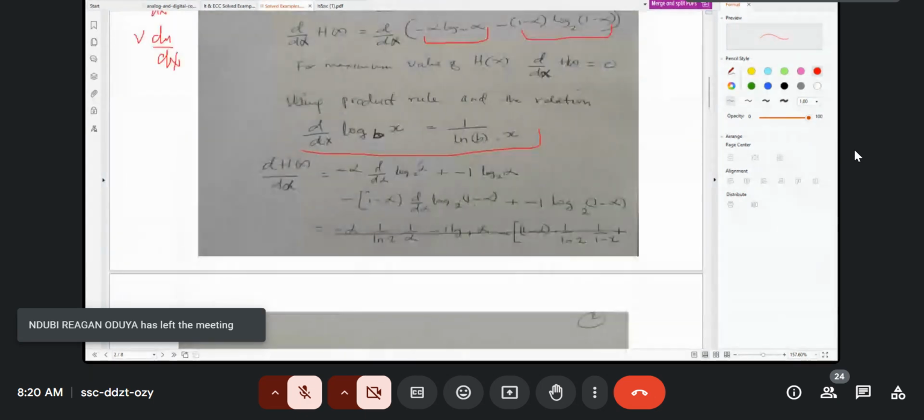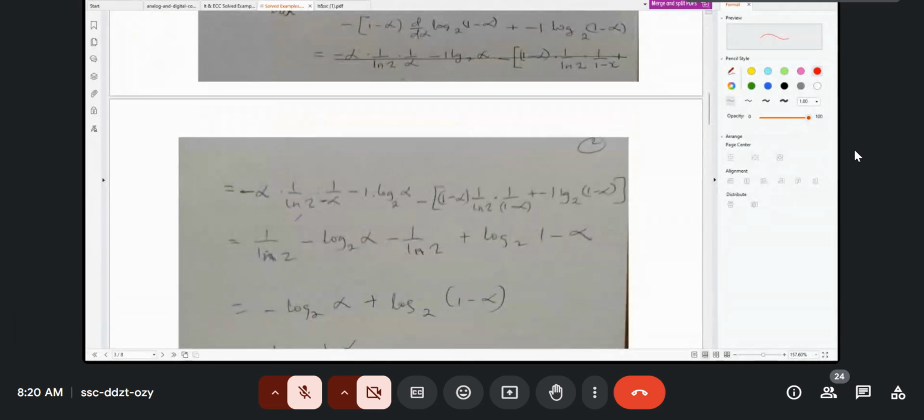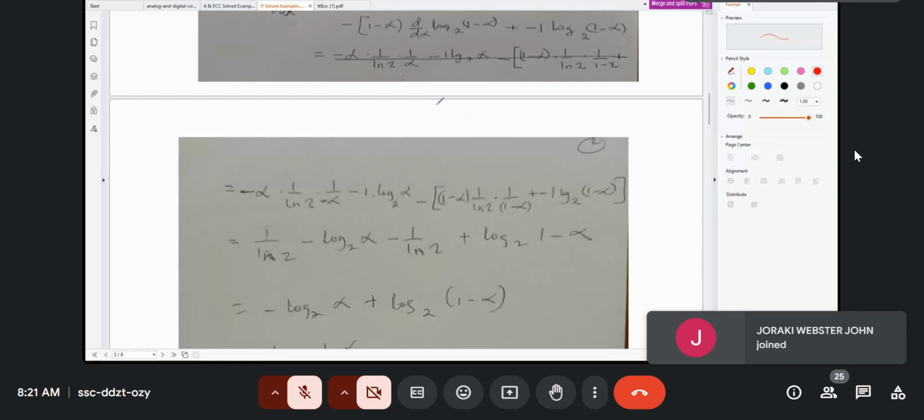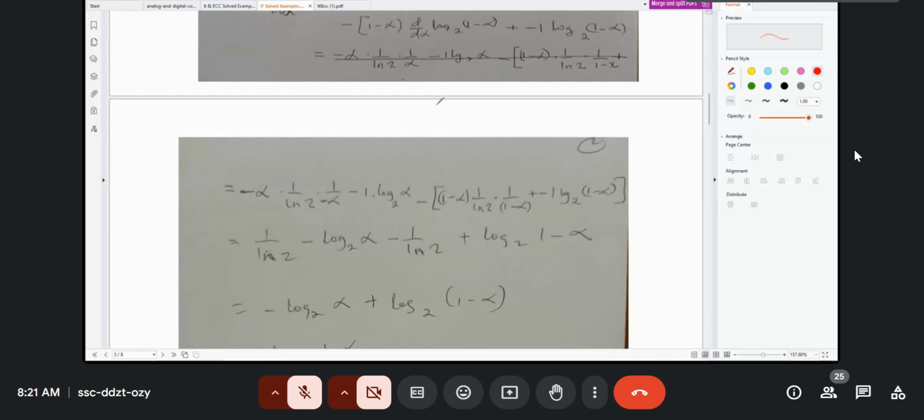Now applying the logs, we want to get rid of this d/d alpha. The derivative of log 2 of alpha has alpha in the denominator, actually it's not x, it's 1 over x that is supposed to be there.